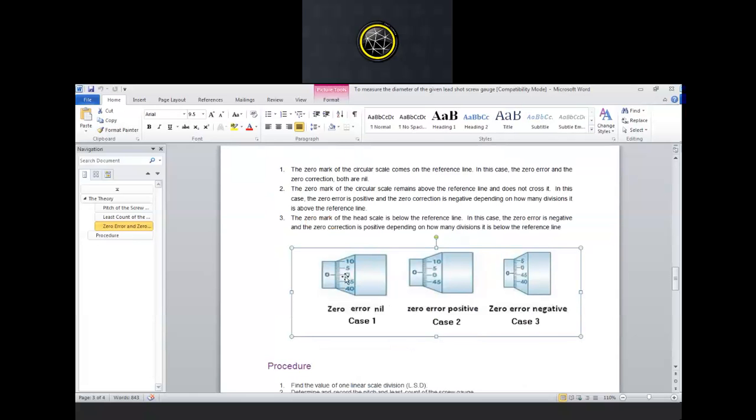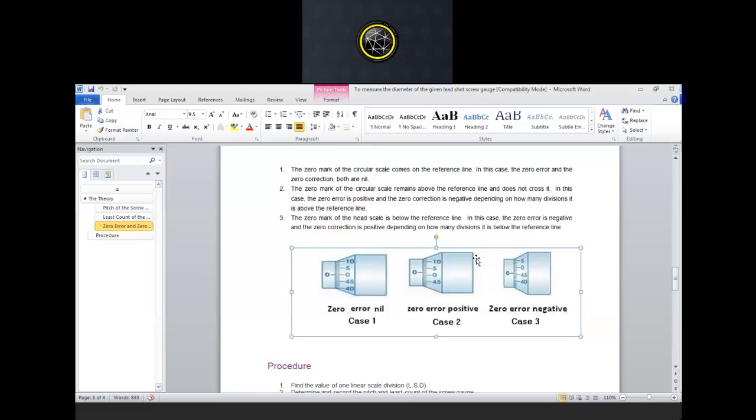Whether the zero of the circular scale touches the zero of the linear scale. If the zero of the circular scale and the zero of the linear scale coincide or touch, there will be no error. That means the instrument is perfect.